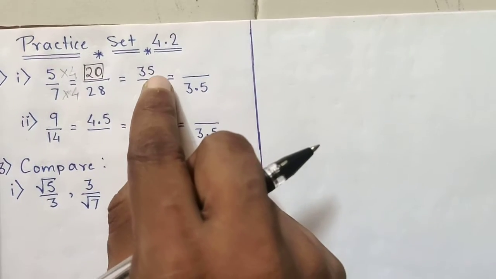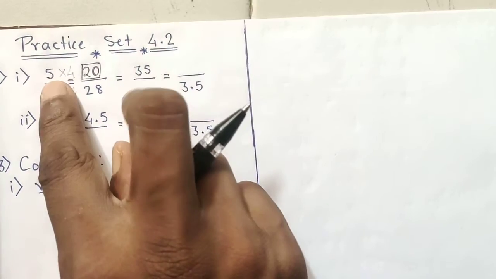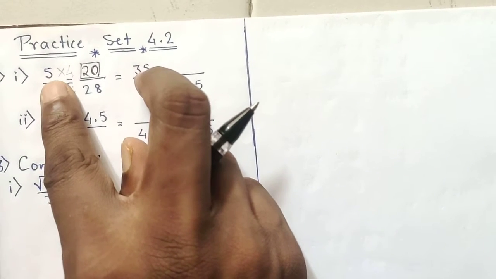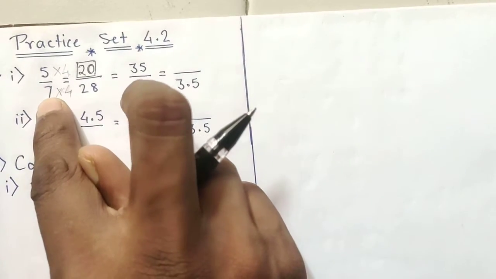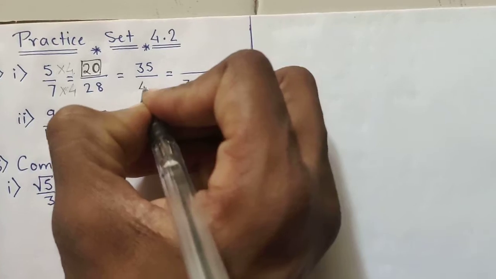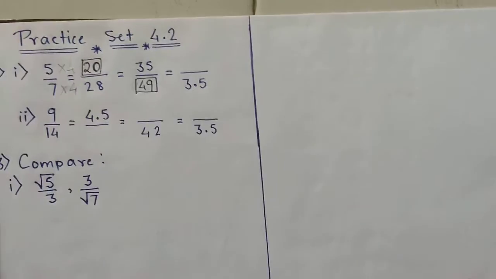Now see here, this is 35 and here 5 is there, and you know 5 sevens are 35. So in this case we have taken 5 sevens, so multiplied by 7. So multiply by 7 here also. So if you do 7 sevens, you are going to get 49. So here you are going to get 49.